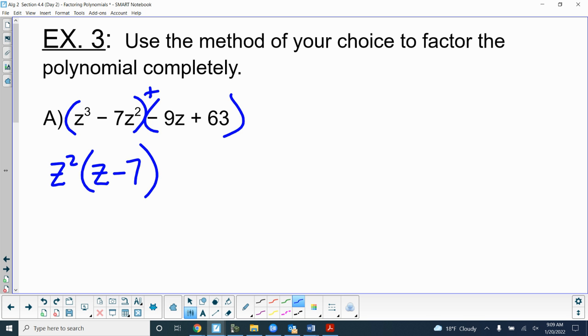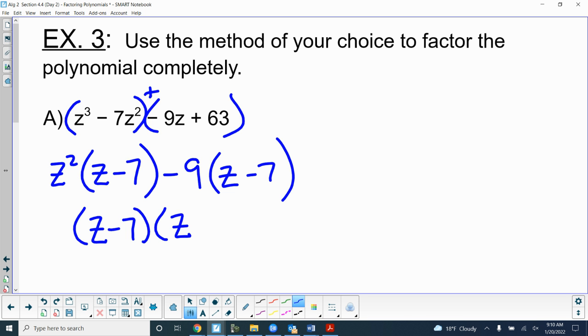Since that's a negative in front of the 9, pull the negative out. What's the GCF for 9Z and 63? 9, isn't it? So negative 9Z divided by negative 9 is positive Z. 63 divided by negative 9 is negative 7. So I got a Z minus 7 and a Z squared minus 9.